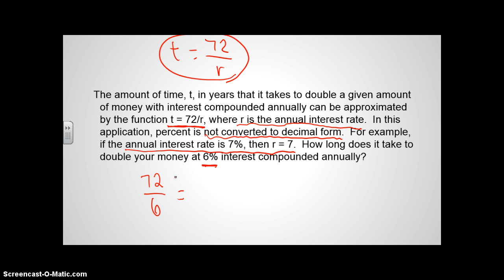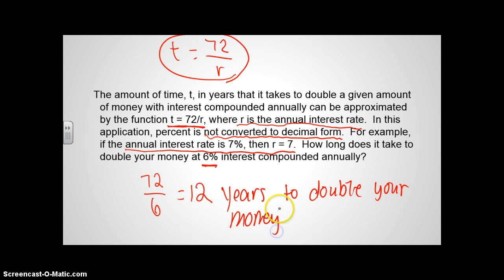And 72 divided by 6 is going to be 12. So it's going to take 12 years to double your money at 6% interest.